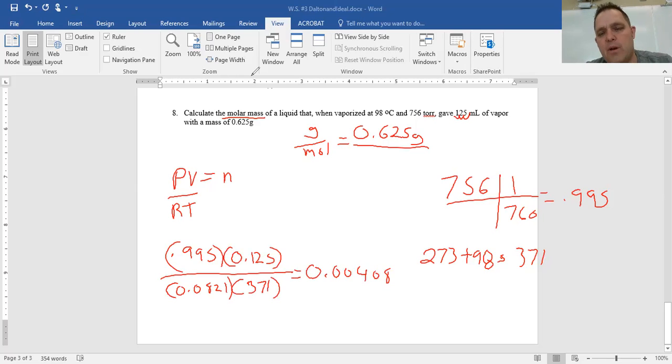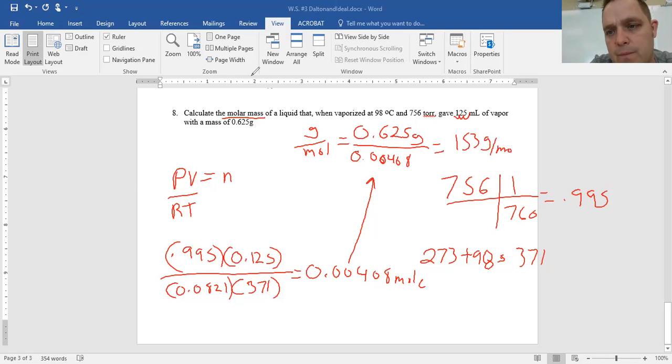Now, a lot of times we get used to just doing these and then we'd stop right there. But we got to remember what the question asked for is molar mass. So we got to take that number and divide it. So when I do that, I get a molar mass of 153 grams per mole.